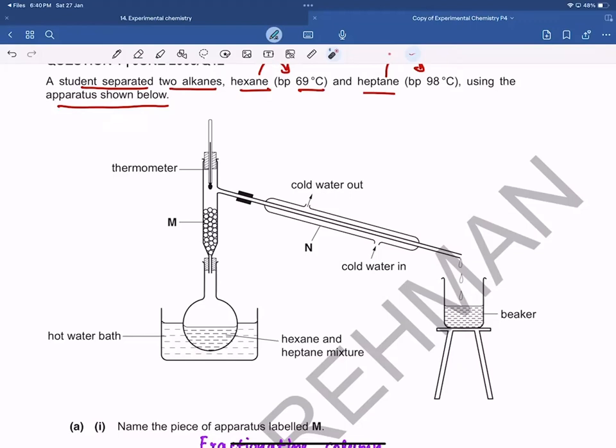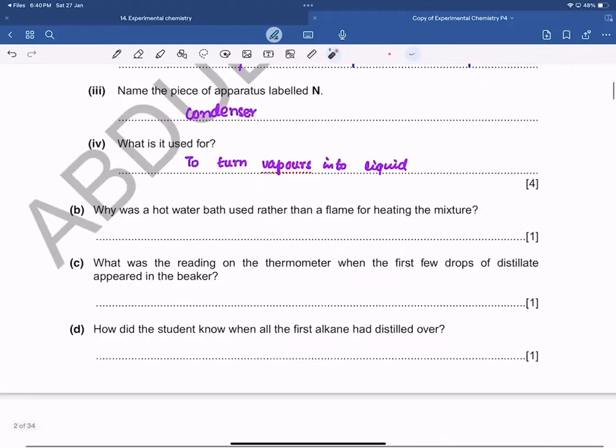These are constituents of petrol, hydrocarbons, which are highly flammable. So that's why we can't use the flame, because they catch fire. So the mixture is flammable.